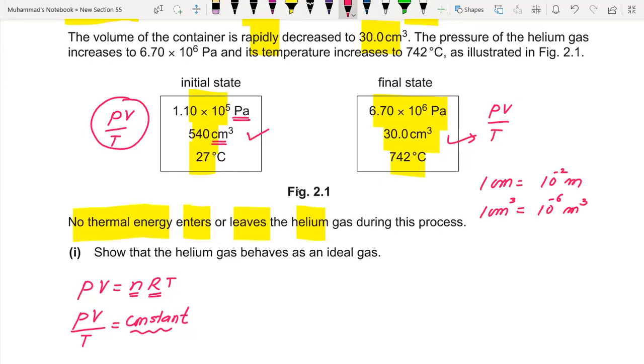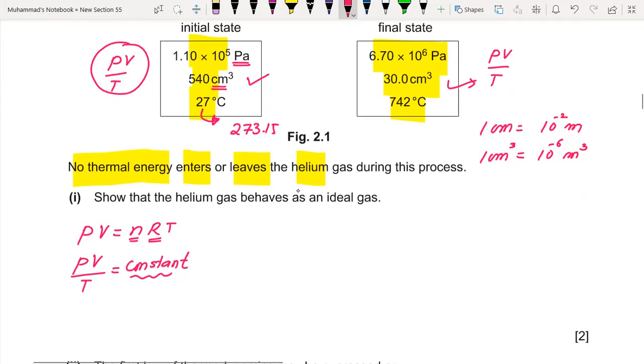This is again very important. And the second important thing, we have to convert the temperature from degree centigrade to Kelvin. That is, we have to add 273.15. You know it very well. So calculate PV over T for both situations, initial and final, and you should get the same answer.